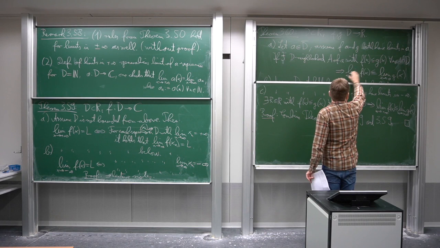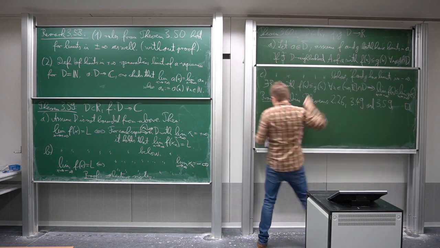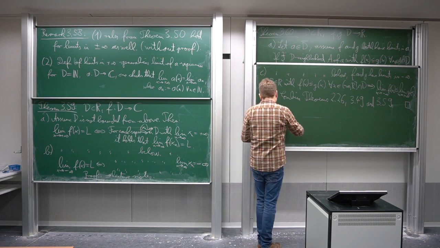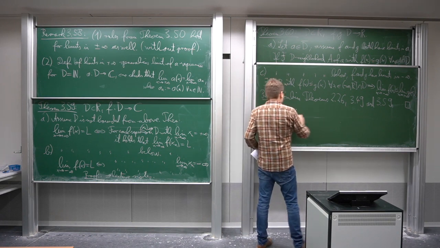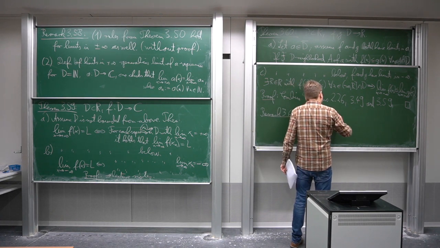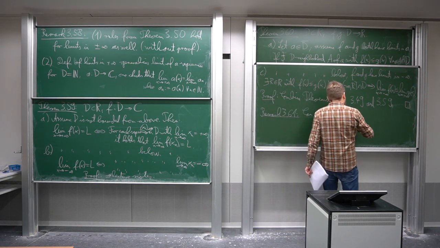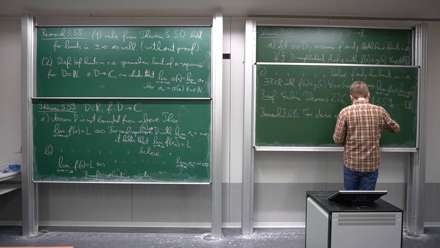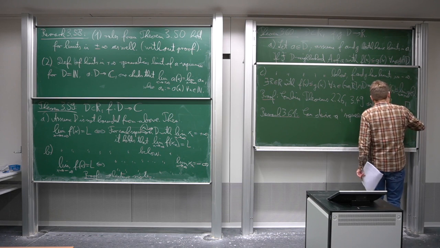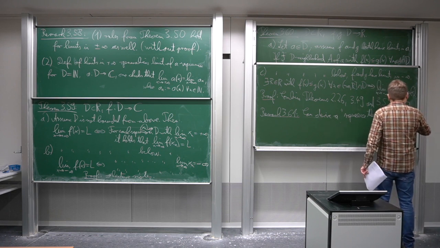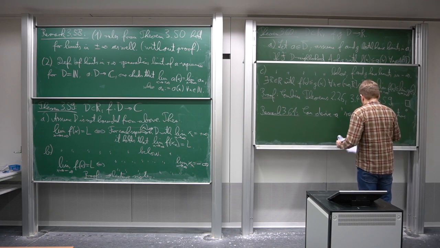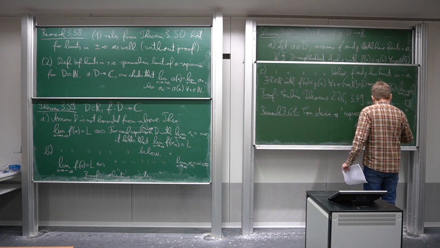Similar to this, once we have these inequalities, we can also define something which resembles the squeeze theorem. So remark 361. We can derive a squeeze theorem for functions from theorem 360.